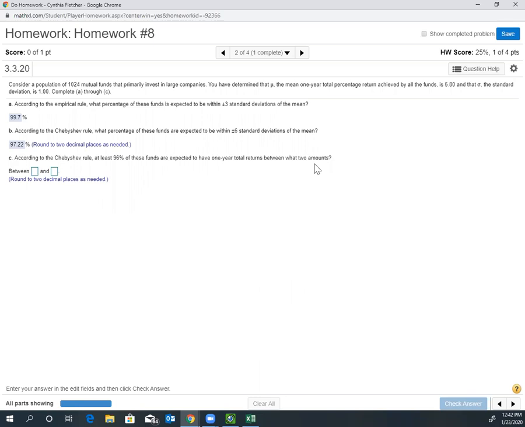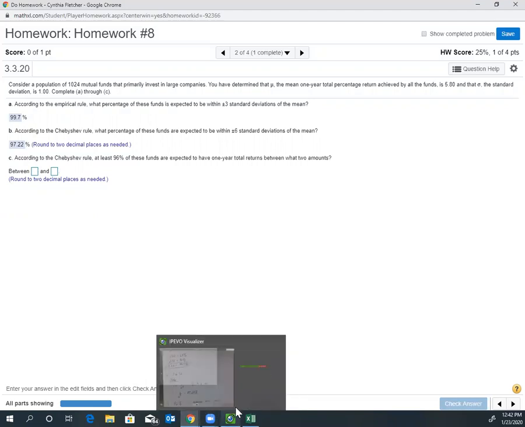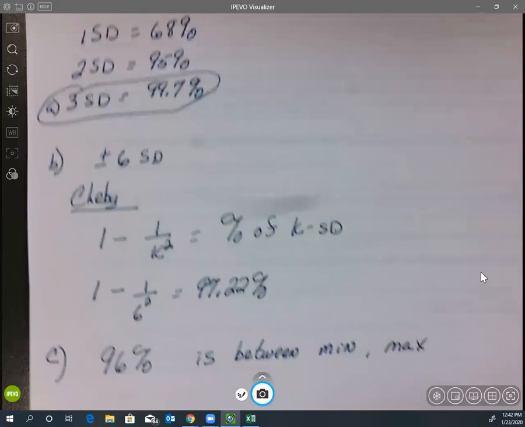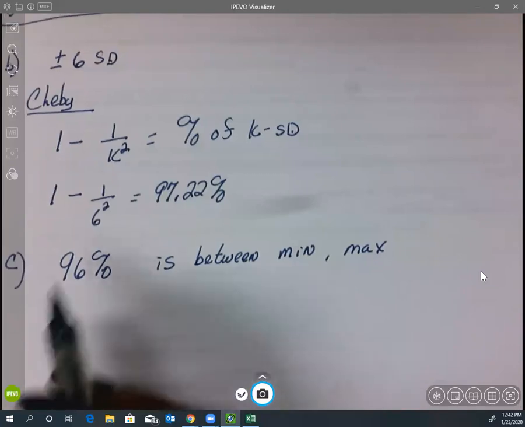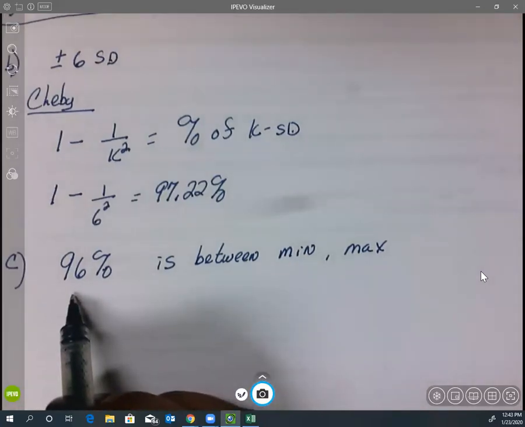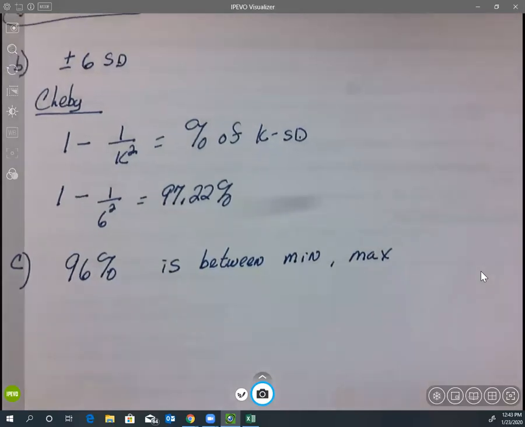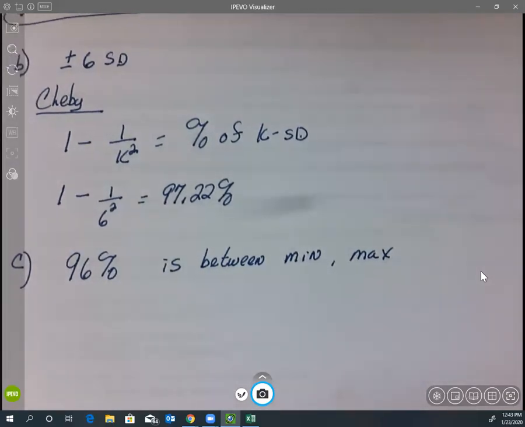Okay, 96% is between some minimum and some maximum value. We have to figure out how many standard deviations 96% represents.